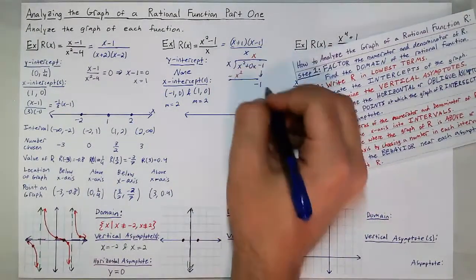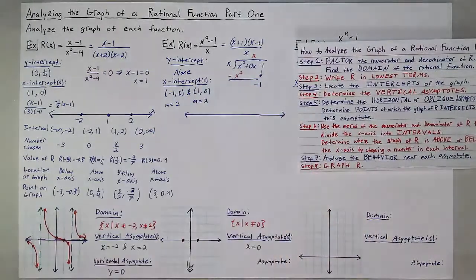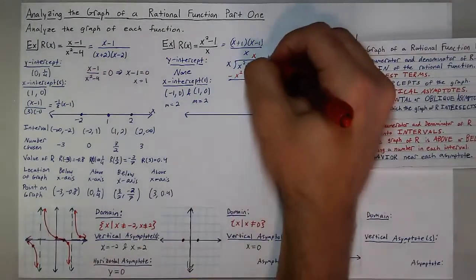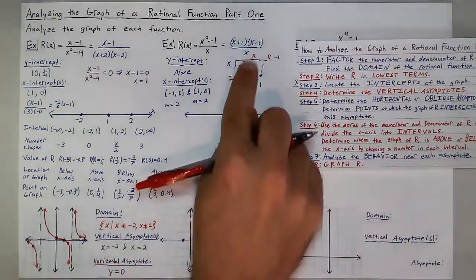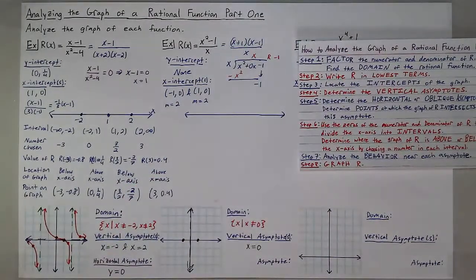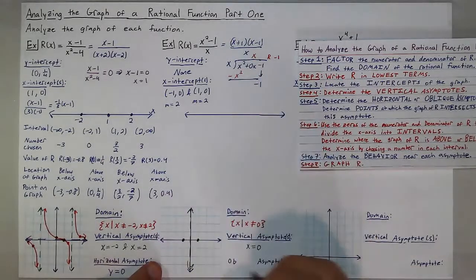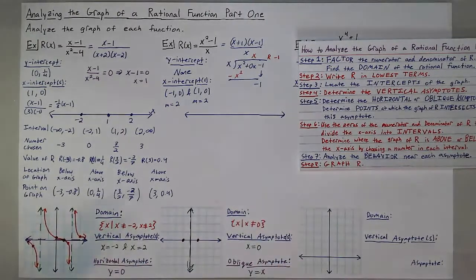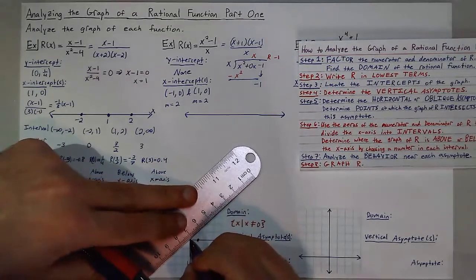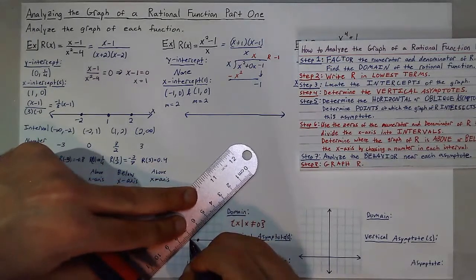Since x can't go into -1, because its degree is higher, that -1 just ends up being the remainder. So my horizontal asymptote, or rather, I should use the word oblique, since this is a line with just x, is y = x. So I'll have a line of slope 1 as my oblique asymptote.